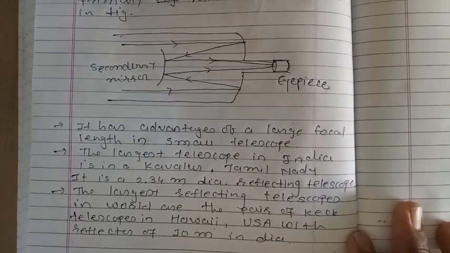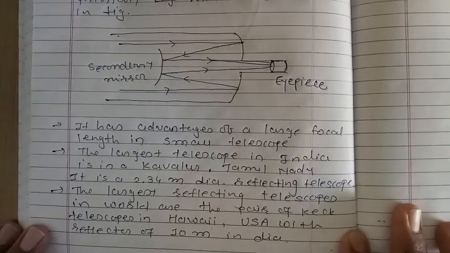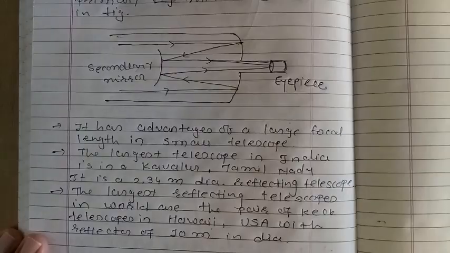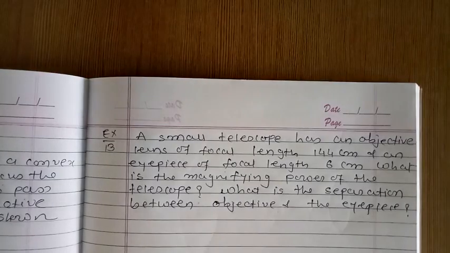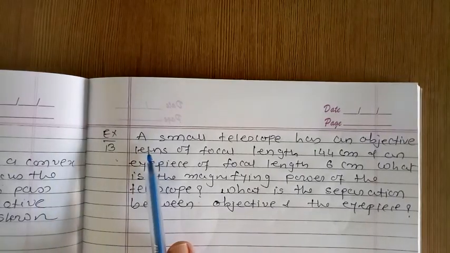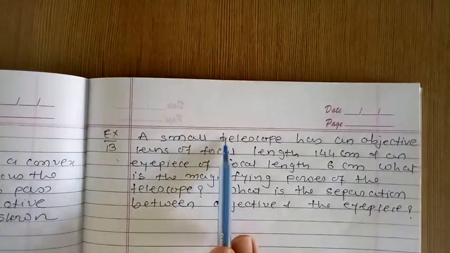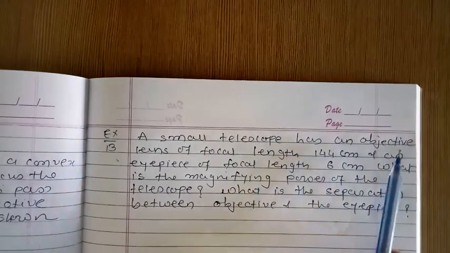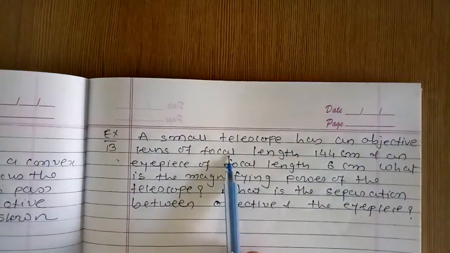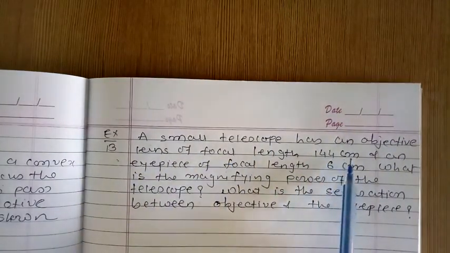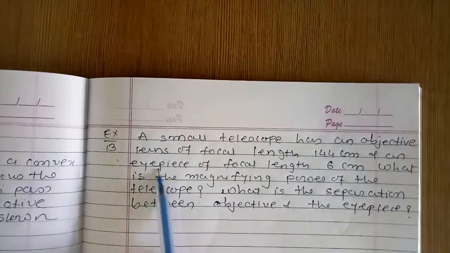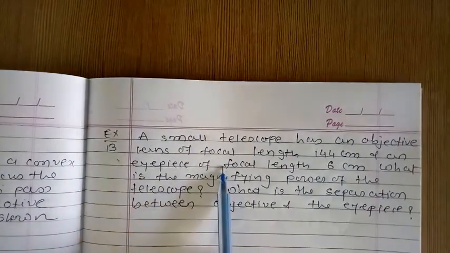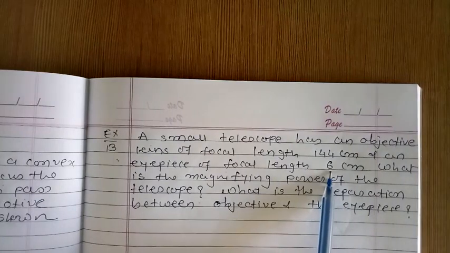Right. Now we discuss some examples. See, example number 13. A small telescope has an objective lens of focal length 144 cm and an eyepiece of focal length 6 cm.